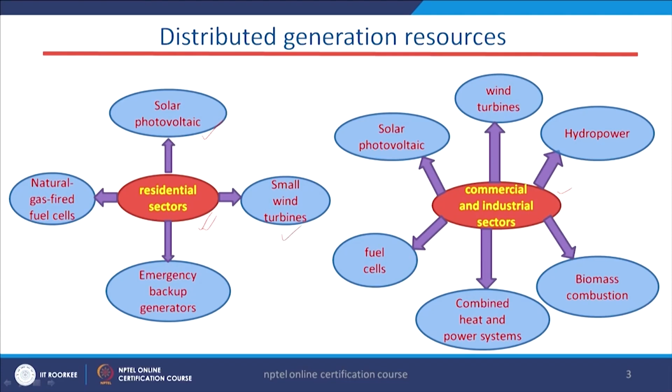Next, we have small wind turbines near the customer end, and also emergency backup generators, mostly diesel based generators, and natural gas fired fuel cells. So, these are the DERs which are connected near the residential sectors.